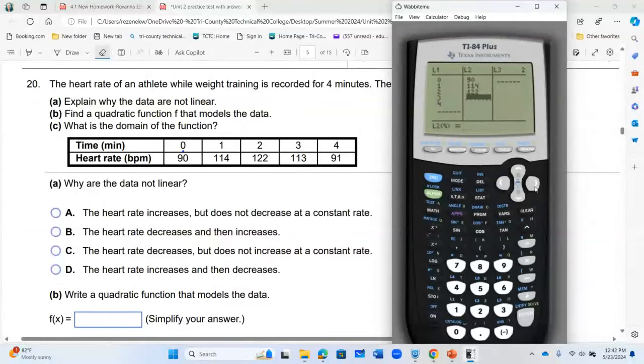After 3 minutes, 113. After 4 minutes, 91. So I have entered the X and the Y, and they must be equal horizontally. And remember, in quadratic regression, you are not allowed to sort in ascending order.